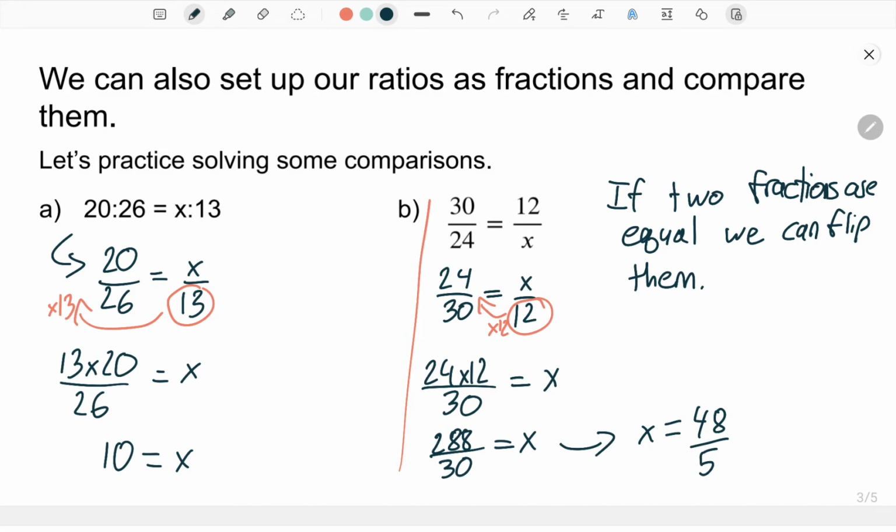So it's not necessarily the nicest way it reduces down, but that is what we get in this case. Or if you wanted that as an actual number, it's about 9.6. Okay, so let us continue forth.